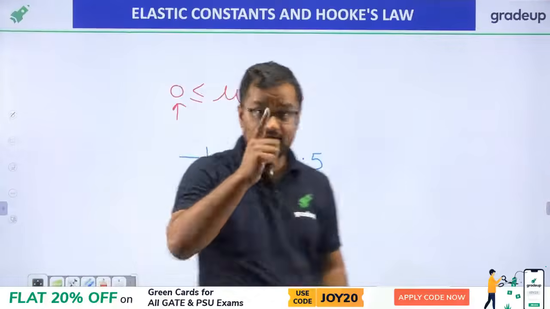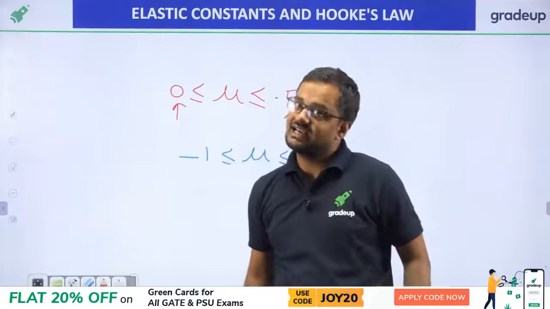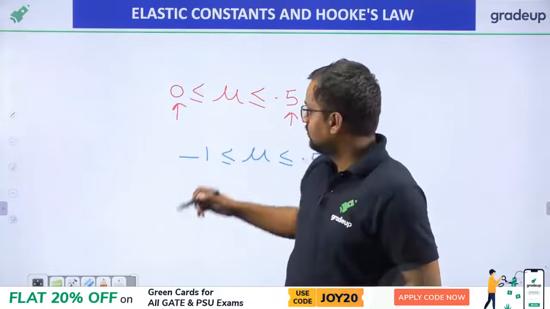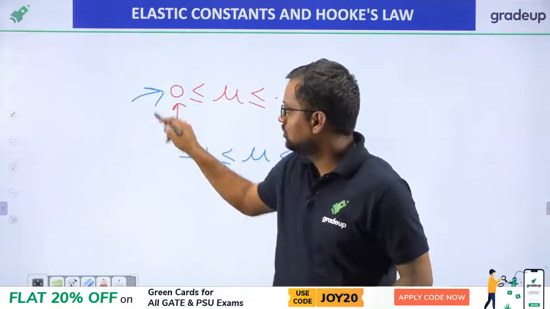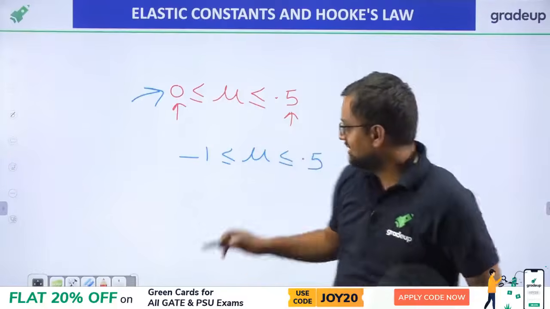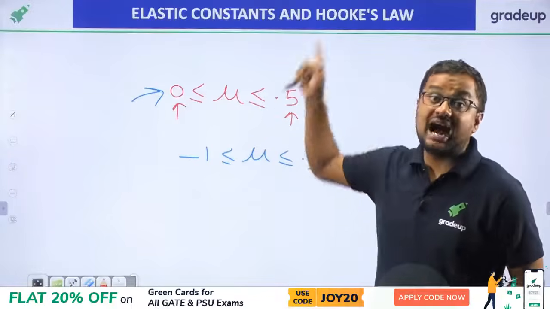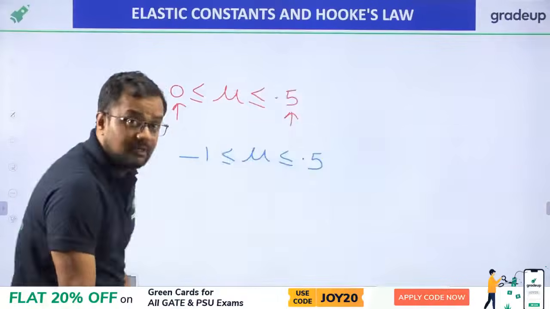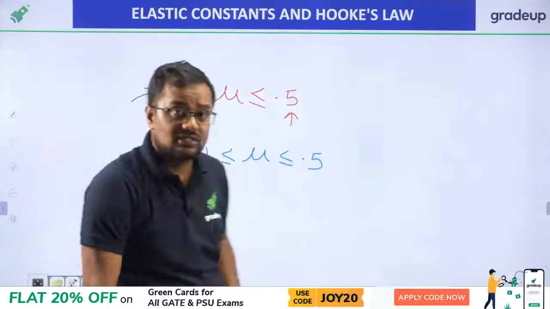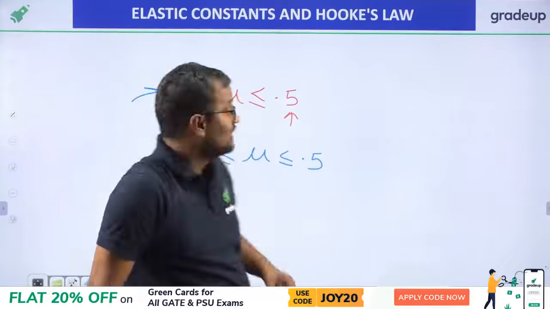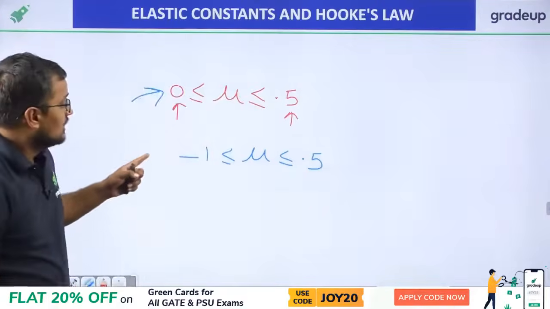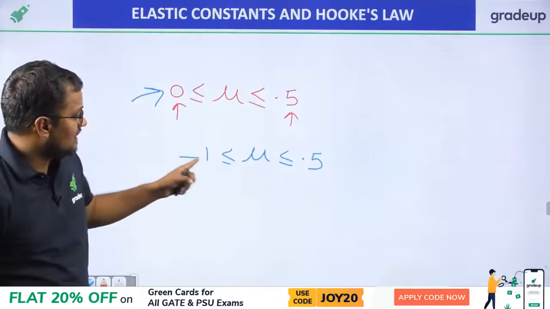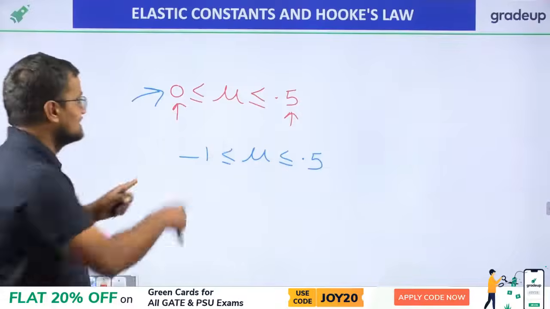Let me tell you a very interesting fact. GATE has asked a question, and most of you were learning 0 to 0.5, but the answer given was different. Then after 5 years, GATE asked again, and everyone who had seen the previous year's paper and discussed it with seniors knew that mu is minus 1 to 0.5, and GATE gave this answer.